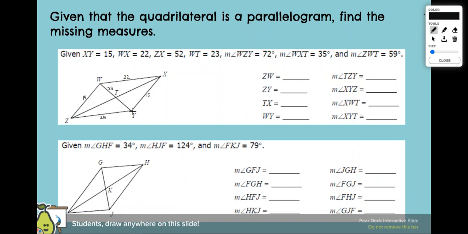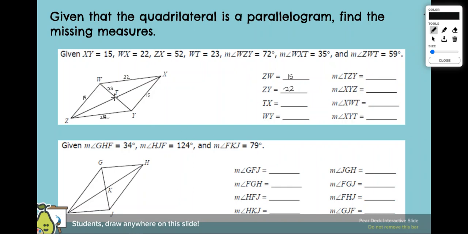Let's find the other measures of the sides. So we want ZW. ZW we already assumed was 15 based on congruent, opposite sides are congruent. ZY, 22, that should be 22, because we were given the other congruent side.